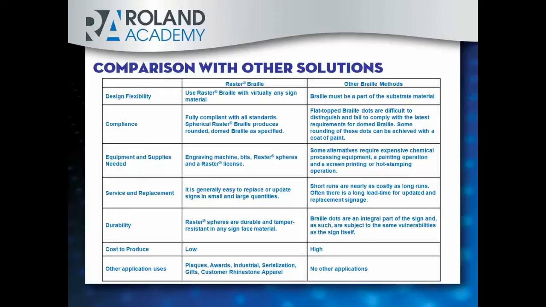Same thing with photopolymer, because you have that screen already. Photopolymer might be the way to go if you're doing a lot of signs. And for that, you have to do more signs to bring the cost down. Whereas with engravers, it's pretty much a fixed cost for every sign.